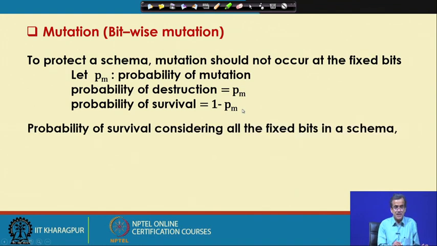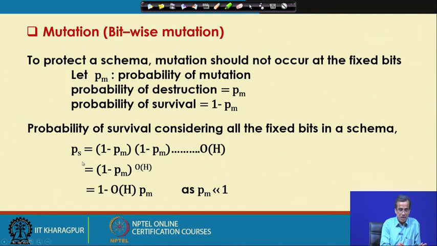Now, what is the probability of survival if I consider all the fixed bit positions in a schema, denoted by P s? 1 minus P m is the probability of survival for the first fixed bit, 1 minus P m is the probability of survival for the second fixed bit, and similarly we have order of H so many fixed bits.